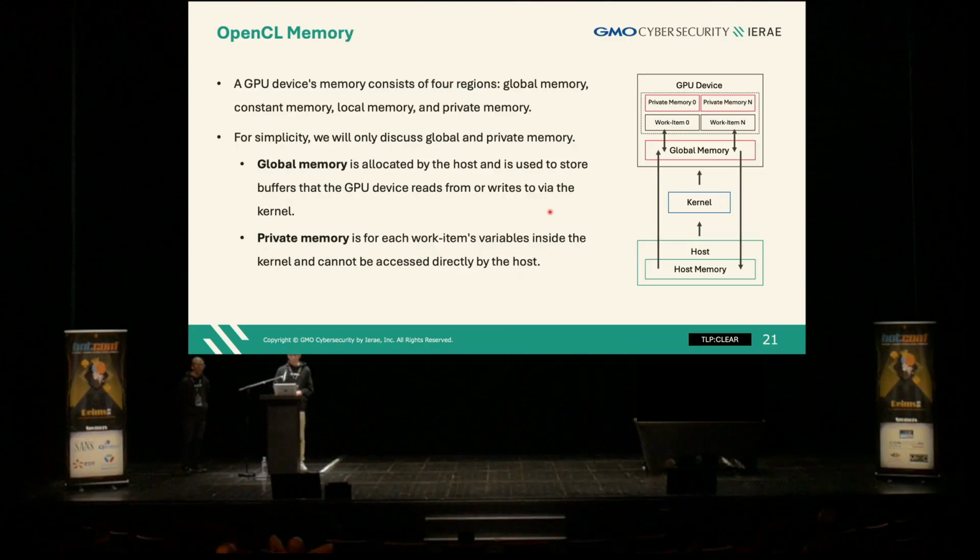To talk a little bit about OpenCL memory, I'm only going to go into global and private memory because it's specific to the malware that I want to talk about. Global memory is allocated by the host and then used to store buffers which the GPU device reads from and writes to via the kernel. To visualize this, it would be up here in the GPU device. Then you have private memory, which is memory that's private just to the kernel.